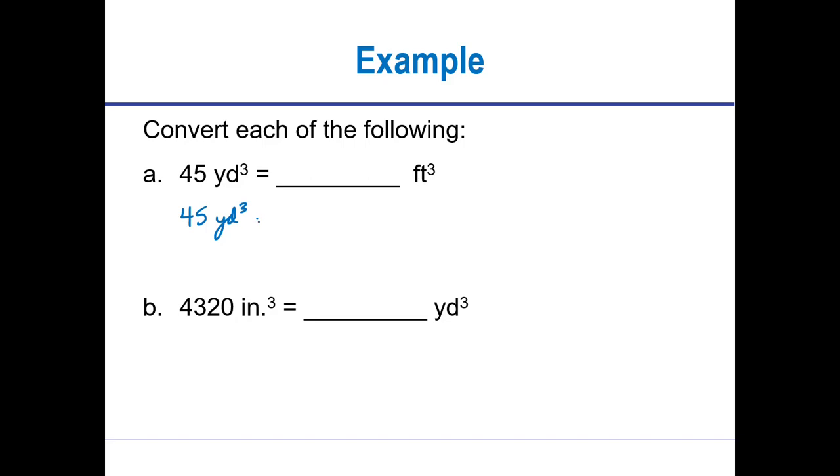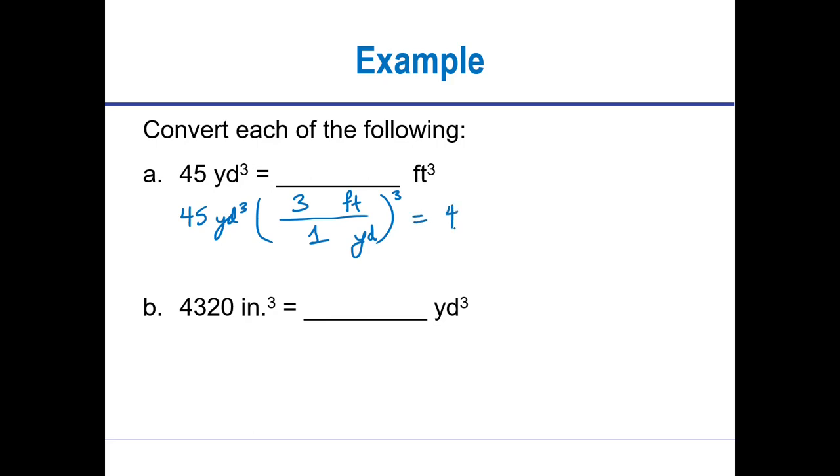and then we'll multiply that by a unit fraction. I know I want to end up with cubic feet on the top, and cubic yards needs to cancel out, so we'll put the feet on top and yards on the bottom. We know 3 feet is equivalent to 1 yard, and we have to cube this expression because we need cubic units.